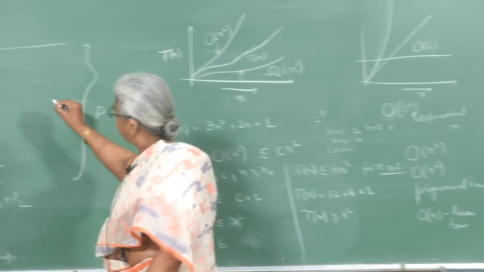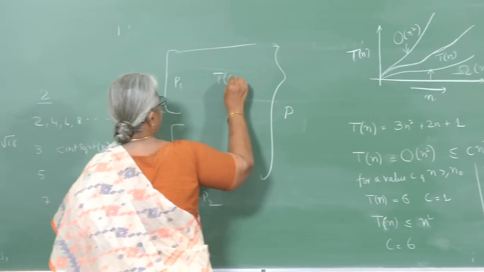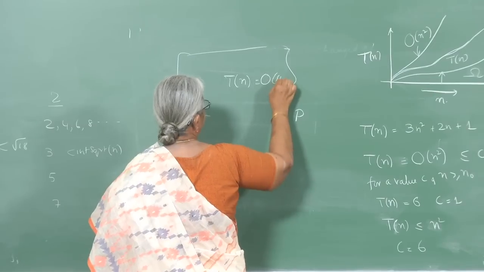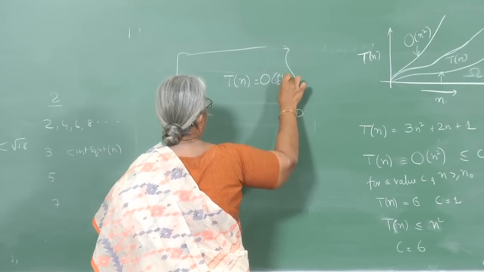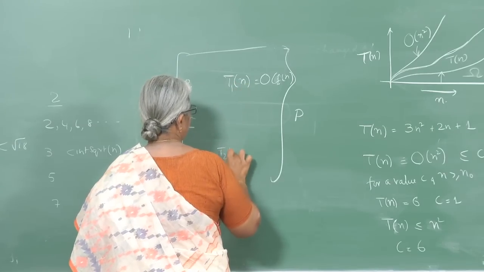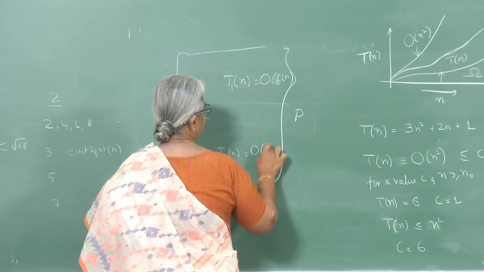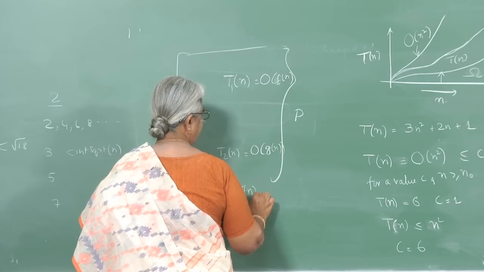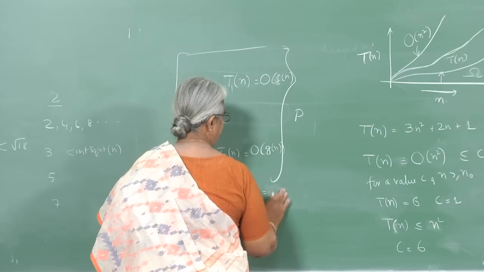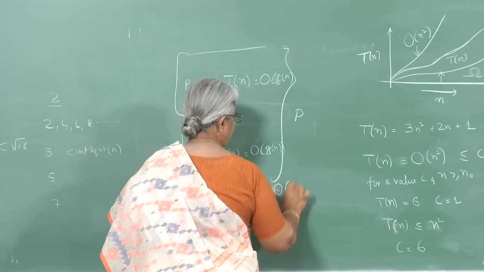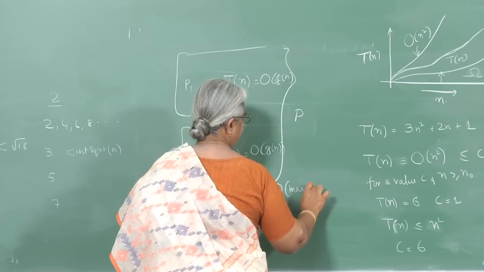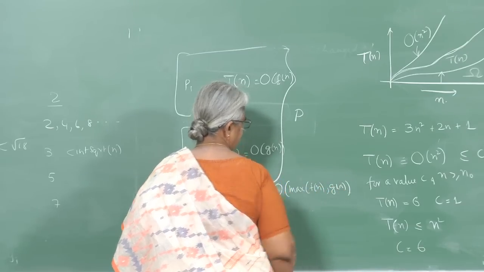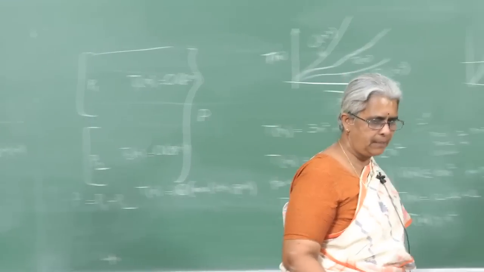If this program segment takes T of n equal to big O of f of n, and this program segment takes big O of g of n, then the time complexity T of n of the entire program is order of max of f of n comma g of n. This is what it tells you. We will see an example in a little while.